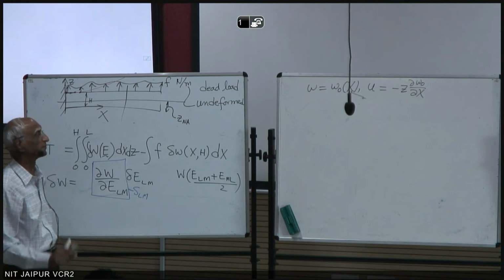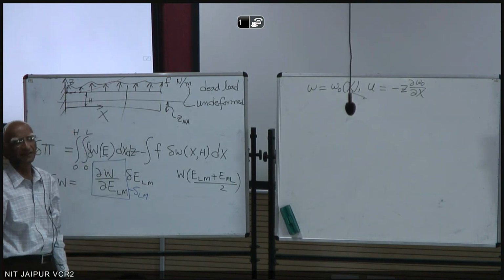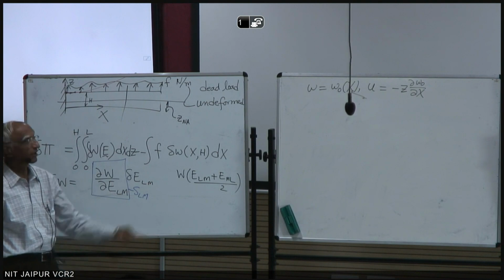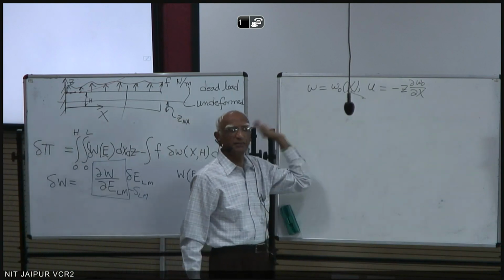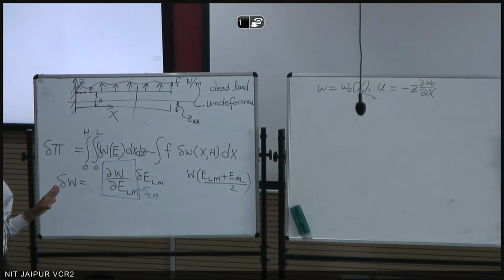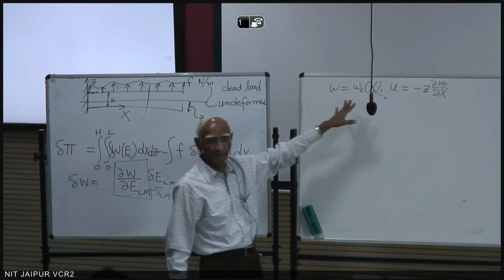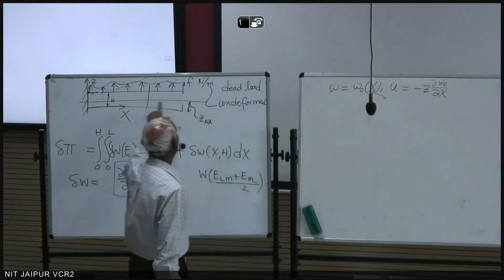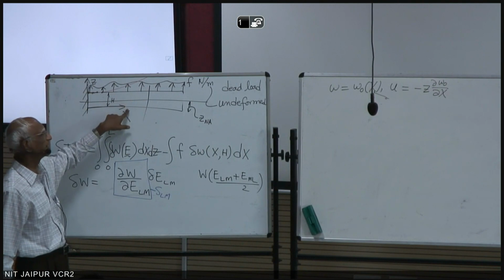You are right. Number two, how will I say the load is acting on the top surface? Because in that theory, the vertical displacement does not depend upon the z coordinate. So if I make these assumptions, then it does not matter whether I apply the load on the top surface or middle surface or bottom surface.